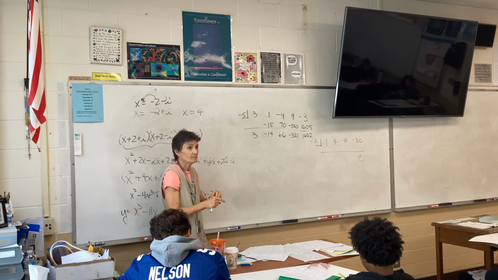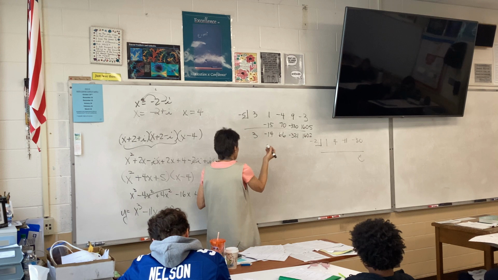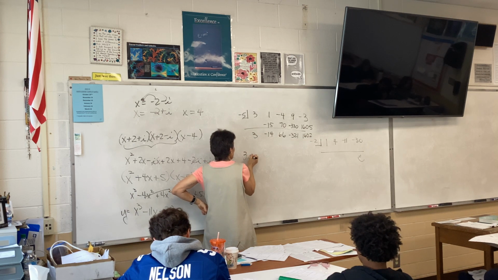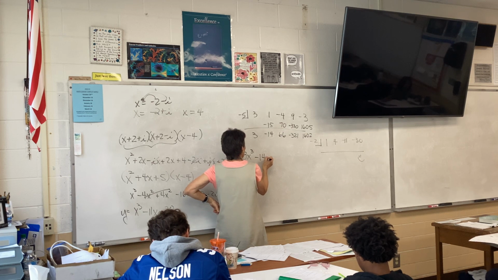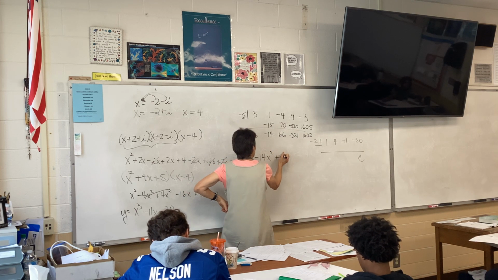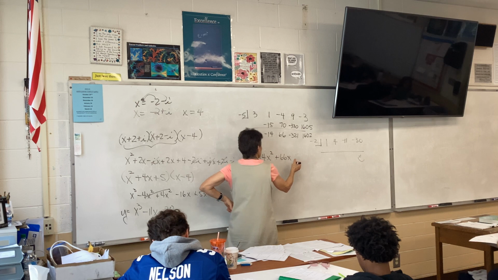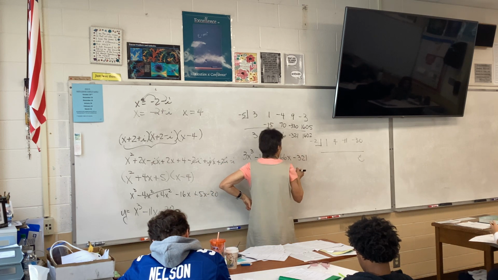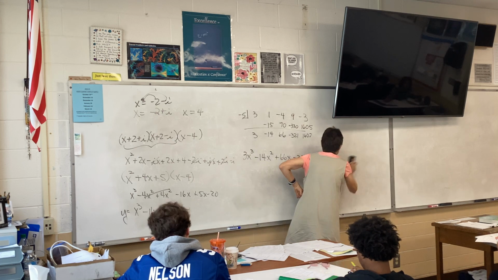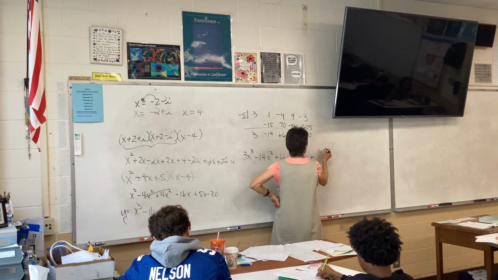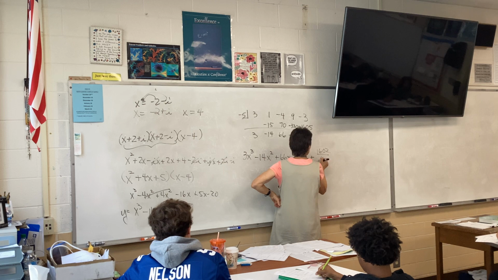Anybody else get that? So, what's my answer? 3x to the third minus 14x squared plus 66x minus 321 plus 1602 over x plus 5?